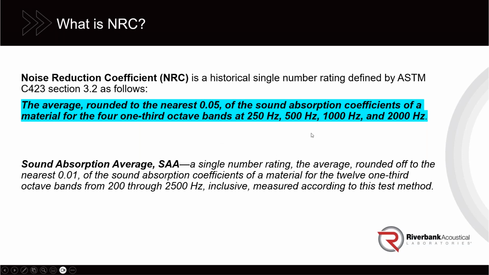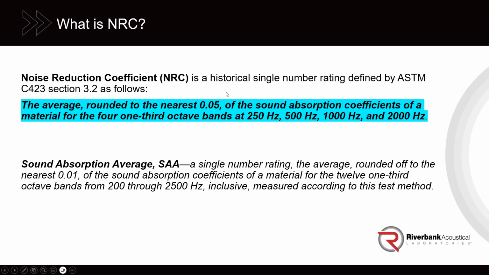It tries to create a rating based on just these 4 frequency bands. This method of rounding is sort of an older way of looking at things, where the intent was that you don't want to overstate your precision in the test results.